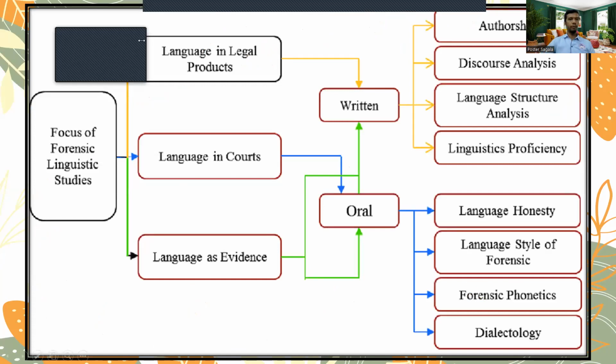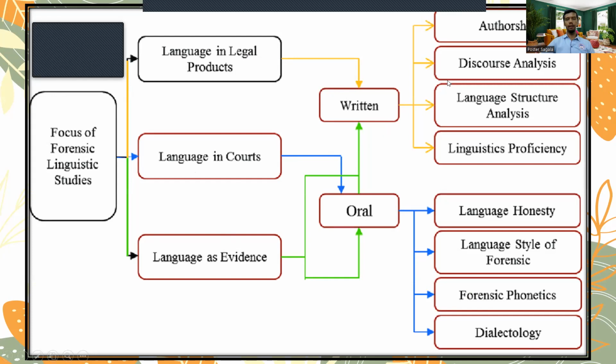Okay, so here is the mind mapping of forensic linguistics. You can see here, forensic linguistic studies are divided into three main parts. The first one is language in legal products, language in courts, and language as evidence. And these three parts are related to written production and oral production.